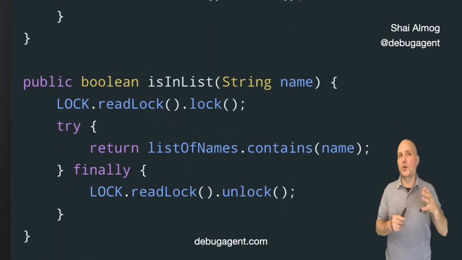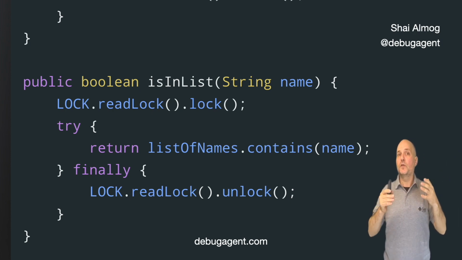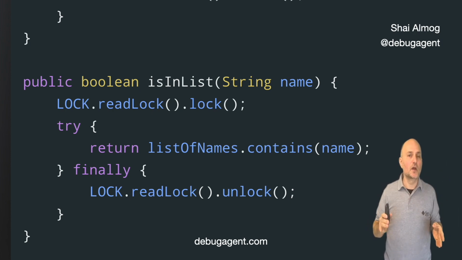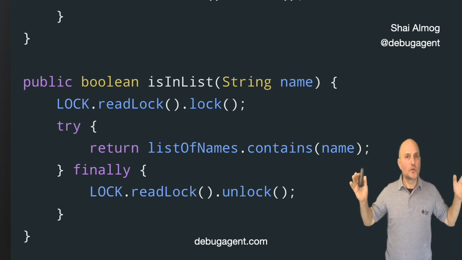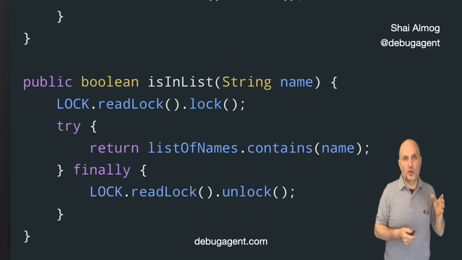Specifically this code. The isInList method is probably invoked all the time. It will just block when the write lock is in effect. But if the write lock isn't active, then this method is free for all. All threads can just go in and read whatever they want. This is a powerful tool.